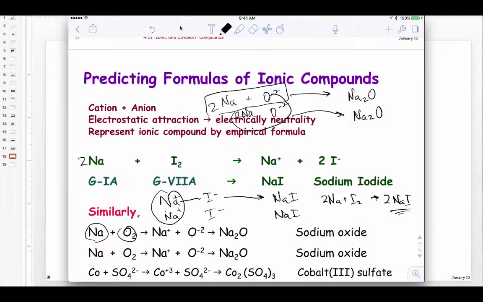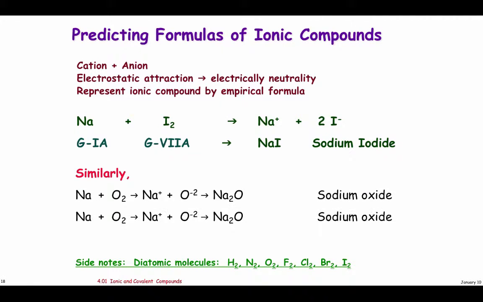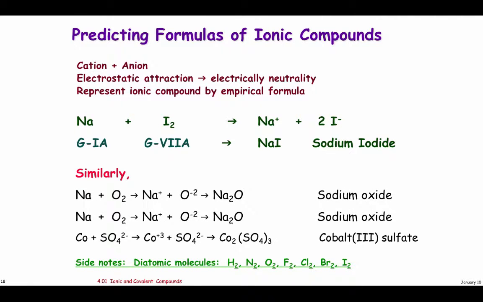So the balanced equation would be 4Na plus O2 goes to 2Na2O. Notice that this chemical right here is electrically neutral: 2 sodiums at +1 apiece and 1 oxygen at -2. So that's how you write out these chemical reactions and how these ionic compounds form.